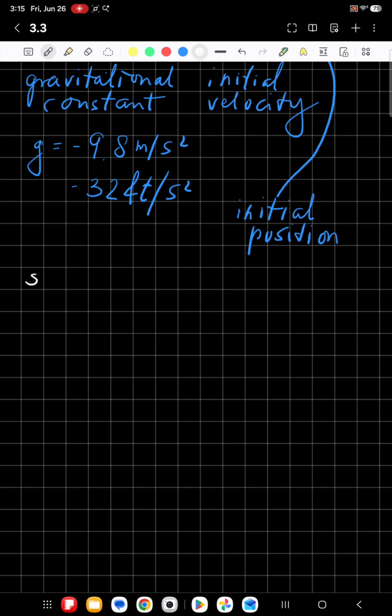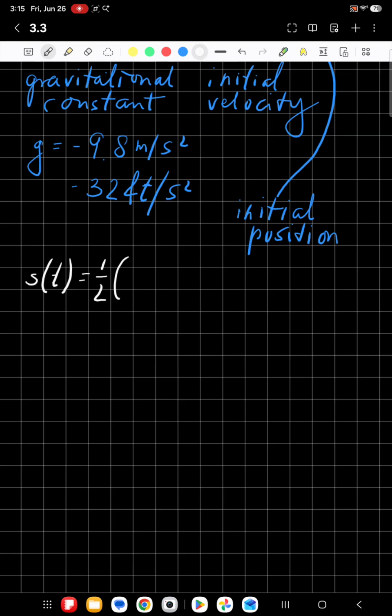S of t equals half, and then the gravitational constant, we'll use that value 32, negative 32 t squared, because the initial position was 32 feet above the water level.